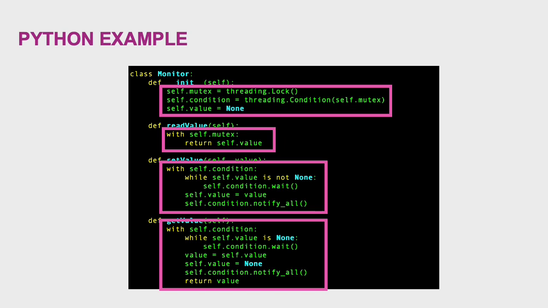Similar consideration for the get value. Here we have another condition variable, and the logic is quite simple. As long as the value is none, you cannot consume it. So we have a condition variable and a logical condition that makes threads wait, go to sleep, in case there's no value to consume.